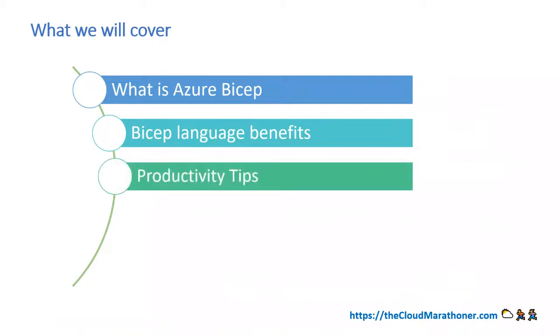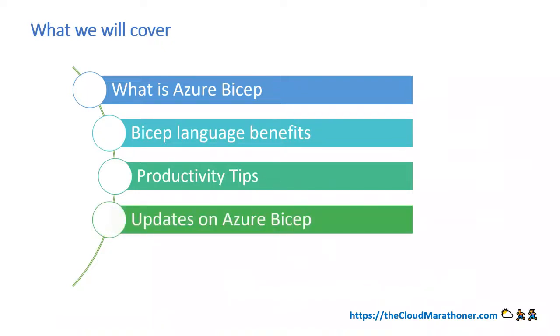Then we'll look into productivity tips. What are the tools and shortcuts that you can utilize from day one in order to be productive? And finally, we'll look into some updates on the Azure Bicep language, as this language is still evolving and doesn't have a stable version 1.0 yet. However, starting from 0.3, the version that we have, it already has official Microsoft support.